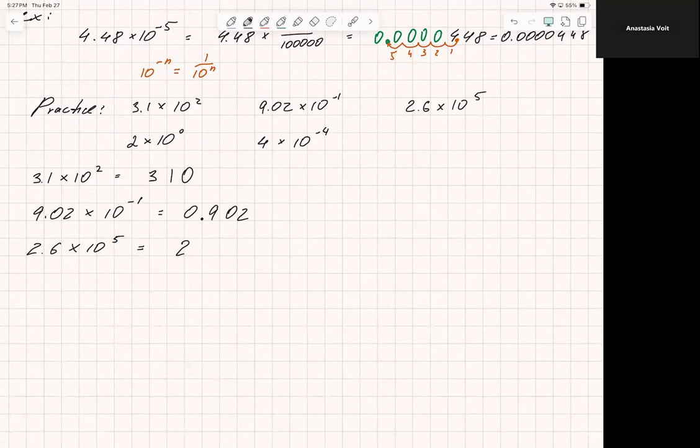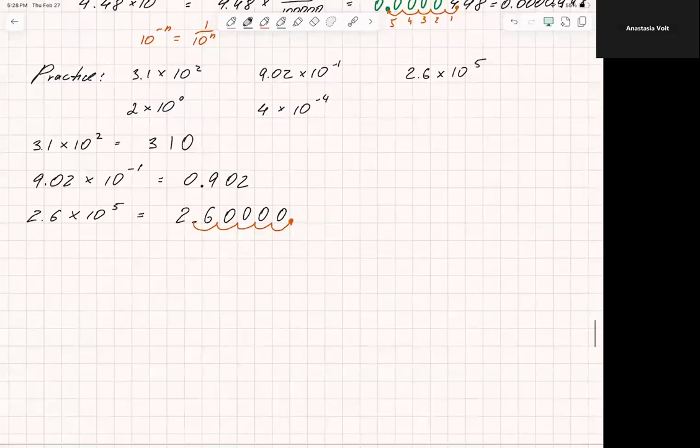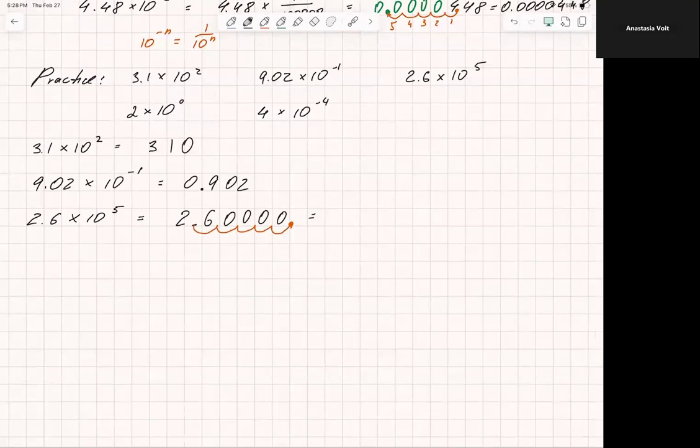So we have 2.6, and now we start moving the decimal point: 1, 2, 3, 4, 5. That's going to be here, and we fill in all the empty space with zeros. So the answer in this case would be 260,000. And that's it.